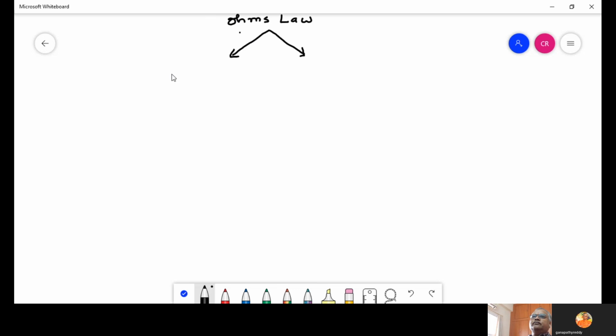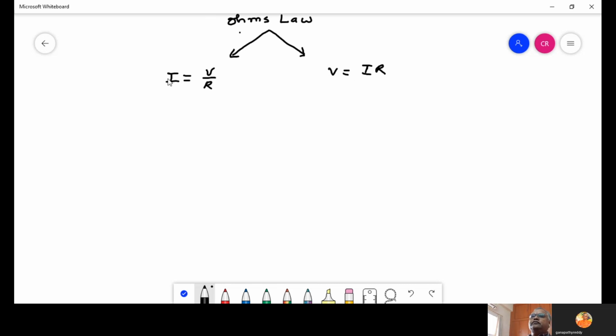One is I is equal to V by R. The other one is V equal to IR. These are the two forms of Ohm's law. One is the current form, the other one is the voltage form.